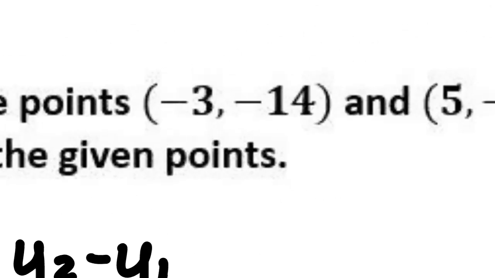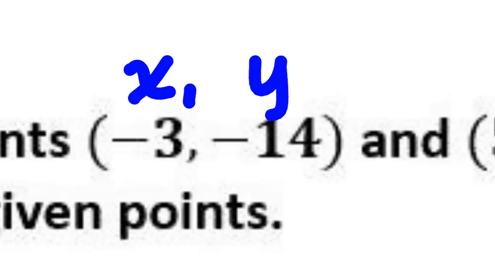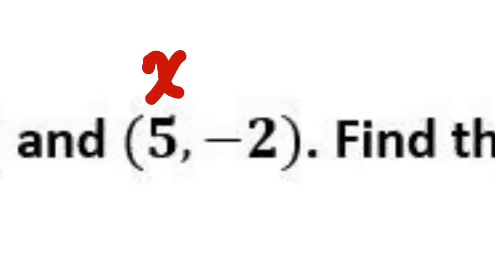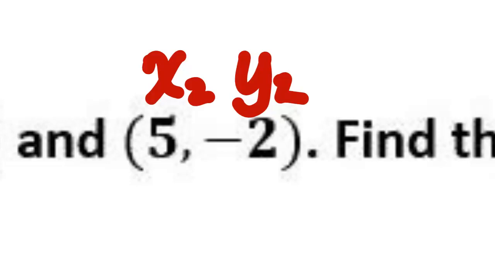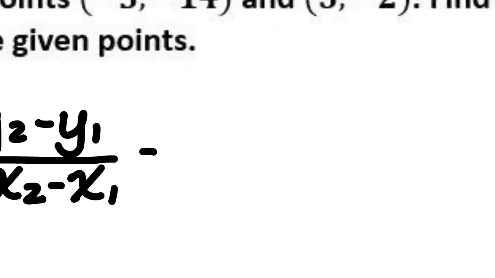So I need to label my points up here. -3, we're going to call that x1. -14 will be y1. 5, that's x2. -2 is y2.